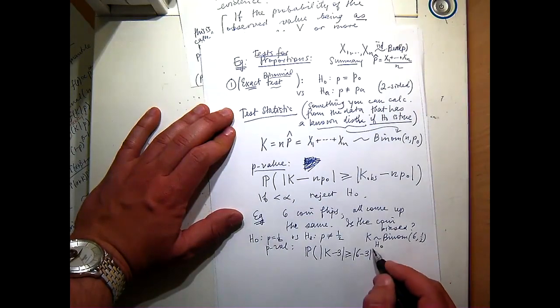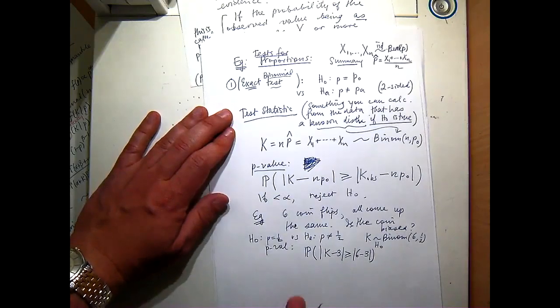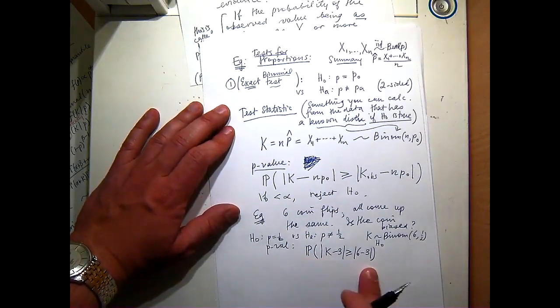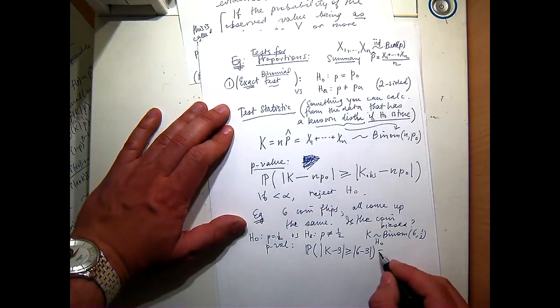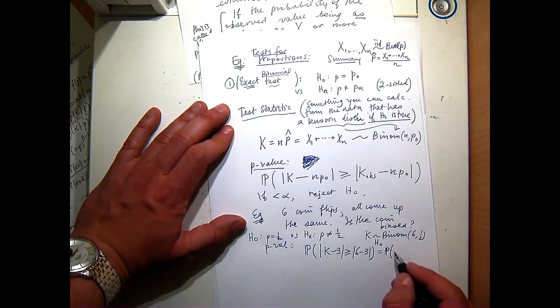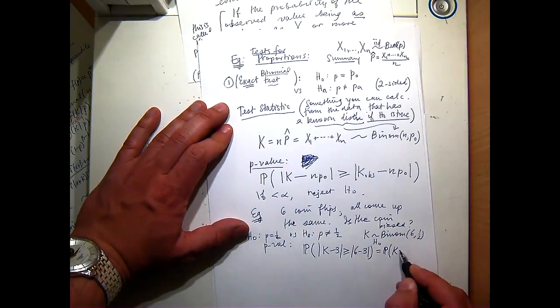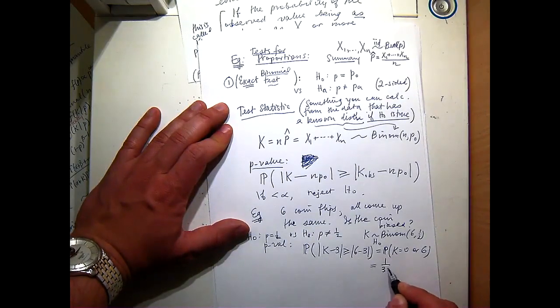Whether it was heads or tails, if it was heads you would have got 6. If it was tails you would have got 0. But because we're looking for a two-sided test, we have to include both tails. So that's the probability. Because k is a binomial, it only takes the values 0 through 6. K equals 0 or 6, and that is equal to 1 over 32. Okay, and that's less than 0.05.